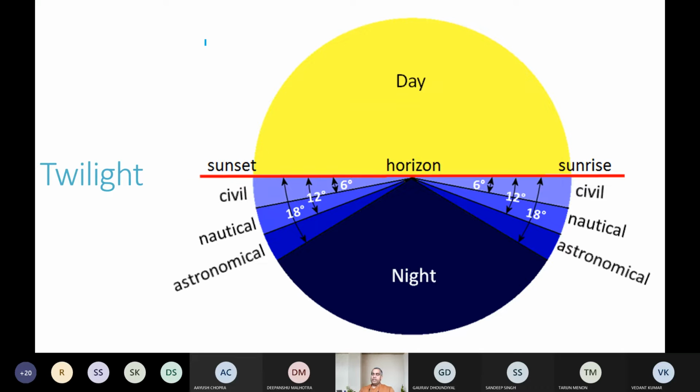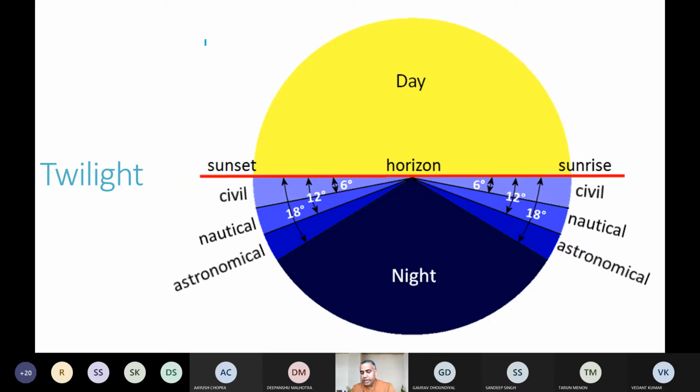Now, this twilight period is very important for us, the navigators. Why it is important is, if you have to take a sight, for taking a sight you need to see the horizon as well as the celestial body.